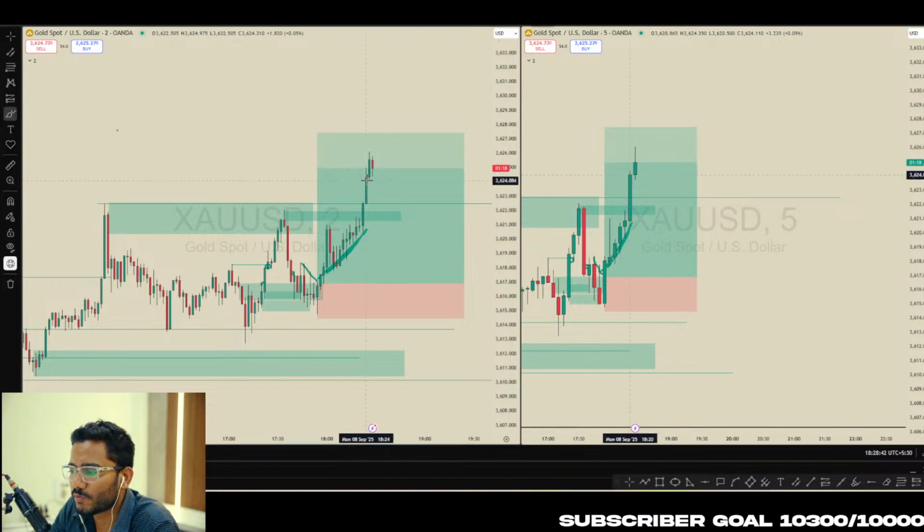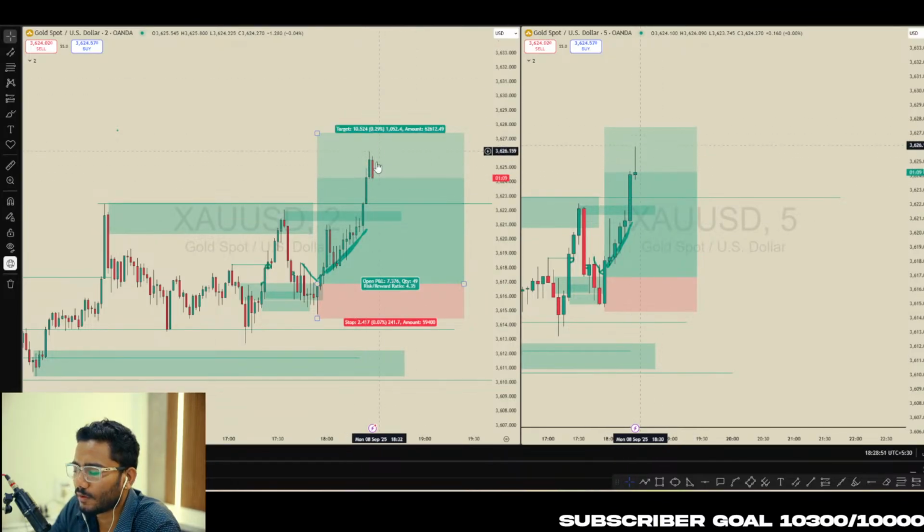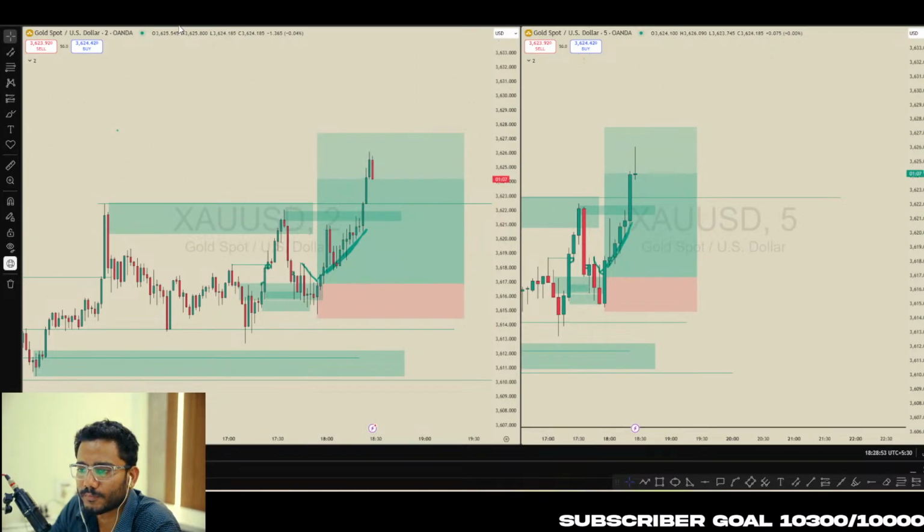We want price to sweep this previous candle, and then it should break, give us engulfing. Then we can place our stop loss below this, and then we can trail and catch this move to the upside.